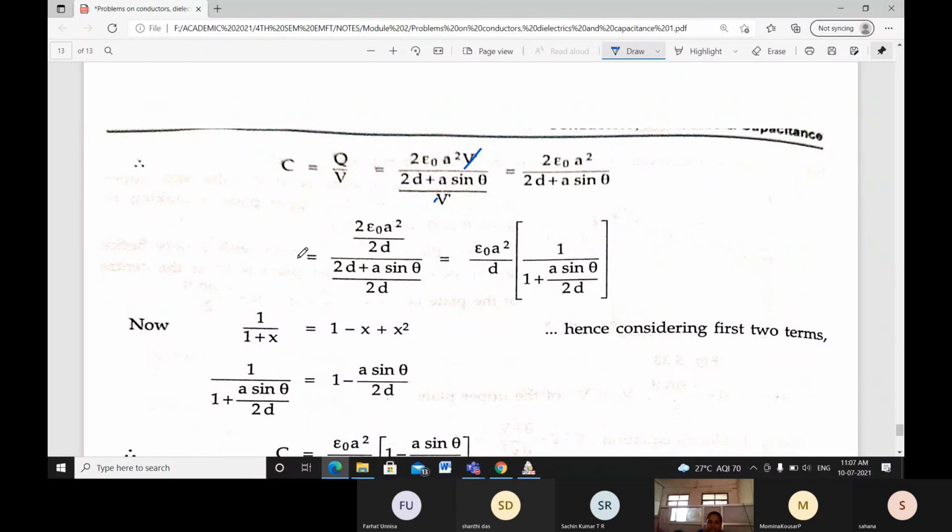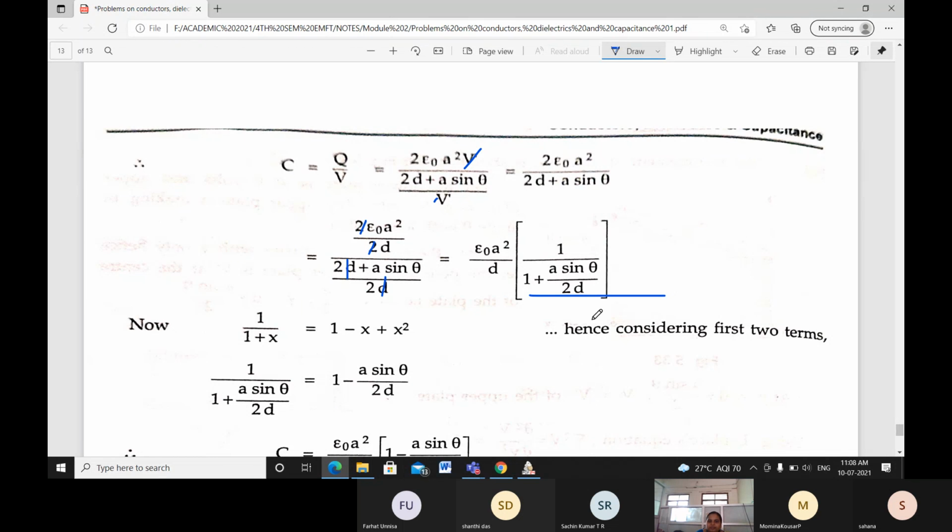Then go for simplification here: divide 2d in the numerator and also in the denominator part. Then the 2 cancels, and it will be epsilon naught a square divided by d multiplied with 1 divided by 1 plus a sin theta divided by 2d, which remains here.